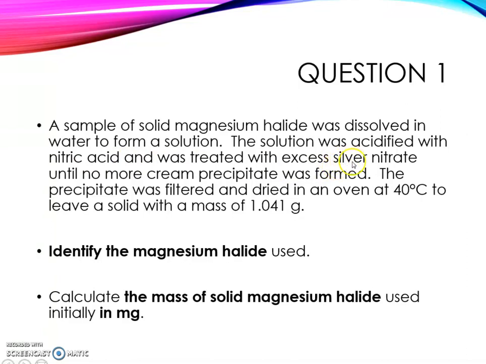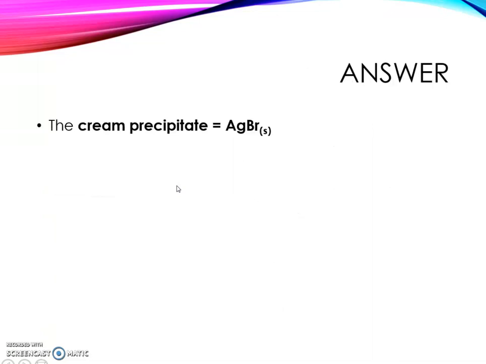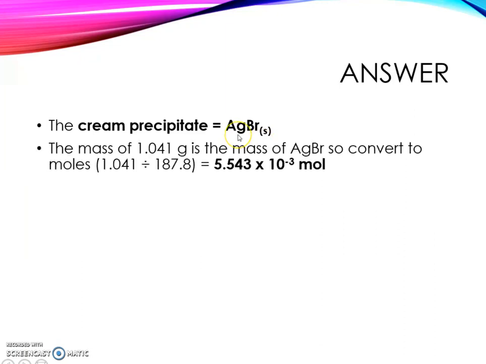And then it's the reaction between the silver ions and the halide. And it's the colour of this precipitate which tells you which halide it is. So hopefully you have worked out that the solid is silver bromide because it's a cream colour precipitate. And it's got the solid state symbol because it's a precipitate.